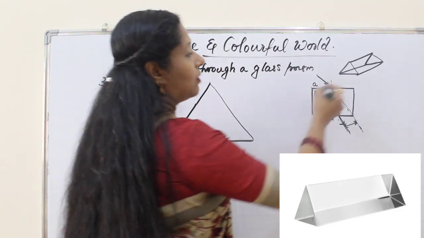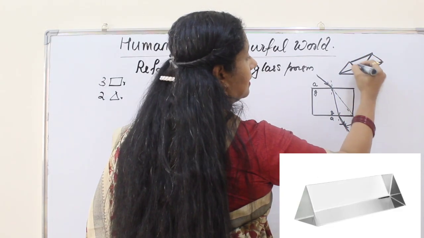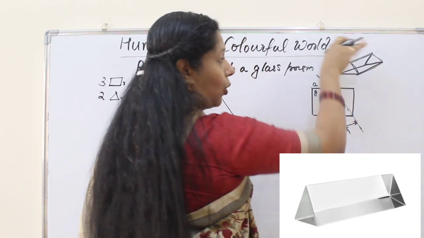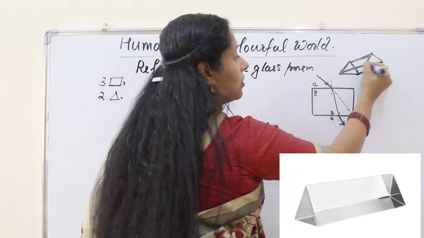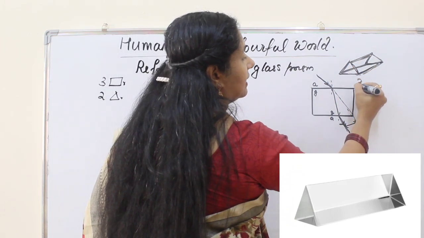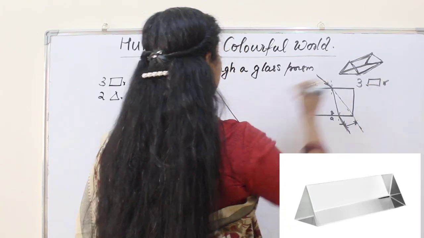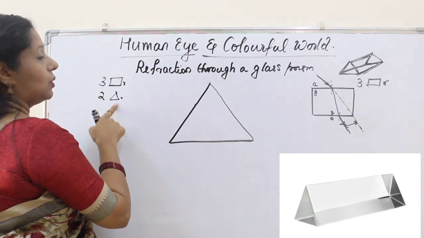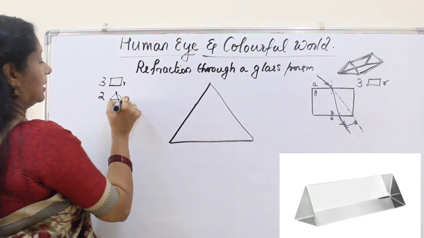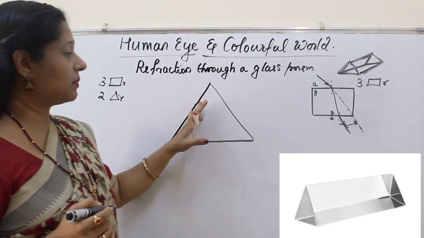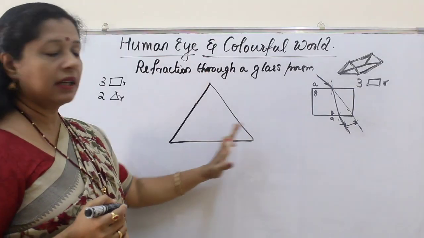Here there is a rectangular side, opposite to that there is another rectangular side, and the bottom is also a rectangular side. So there are three rectangular parts and two triangular faces. That's why we are showing this triangular part.